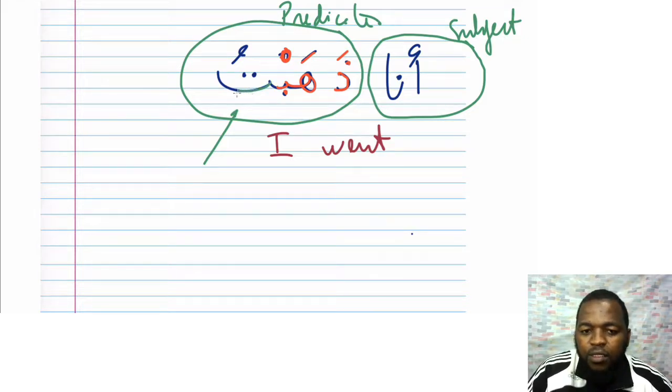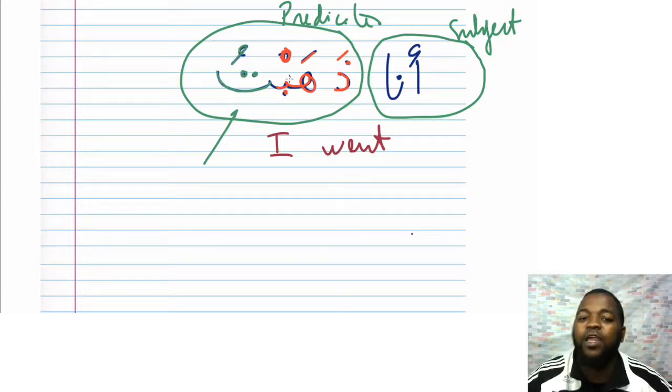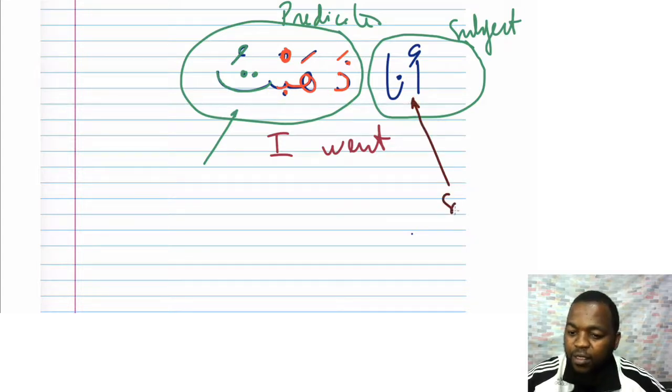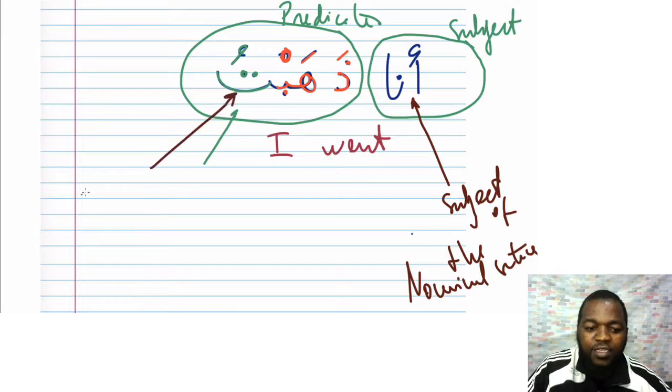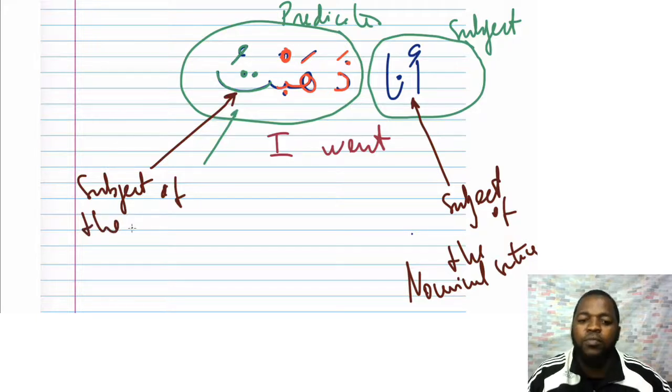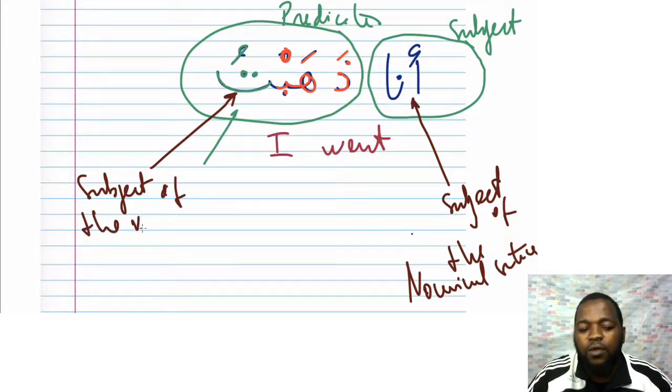Here is the subject of this verb, tu. So here, this is the subject of the nominal sentence, and this is the subject of the verbal sentence.